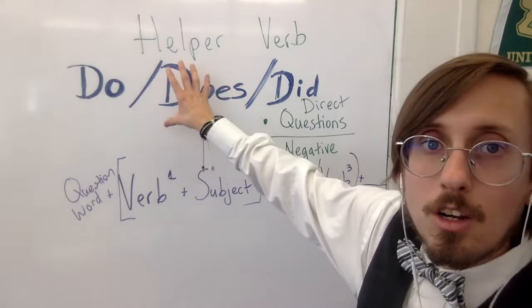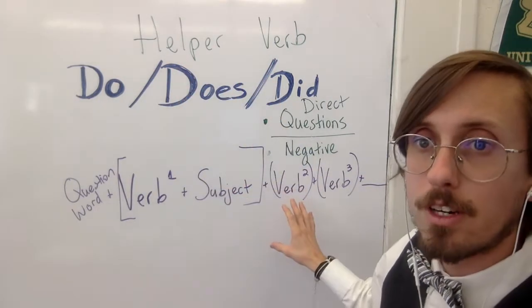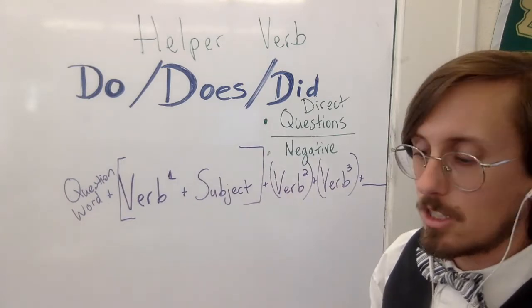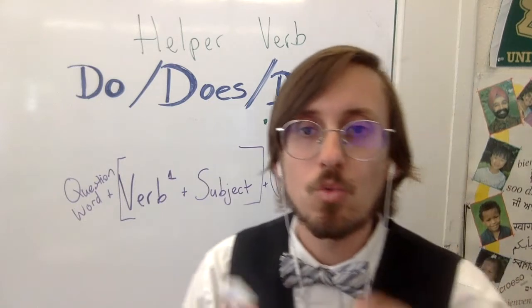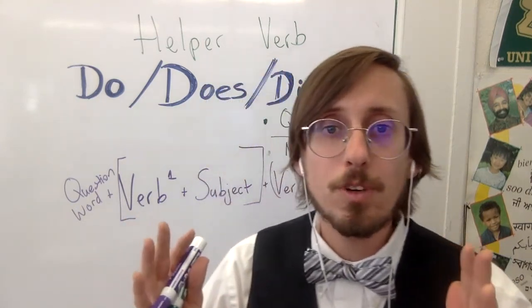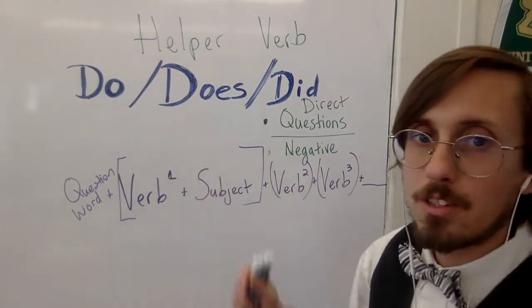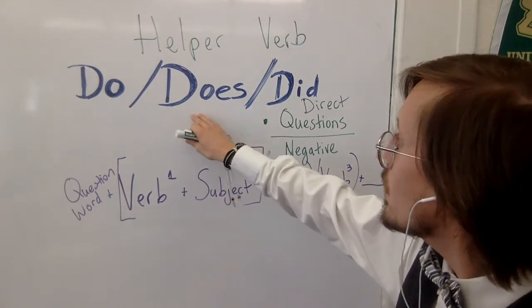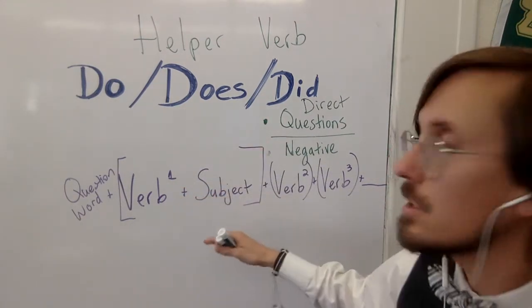Do is our popular helper verb to help other verbs that cannot be questions. For example, walk, talk, run, eat. Those verbs are not direct question verbs. So we use the word do, or does, or did to create that question.